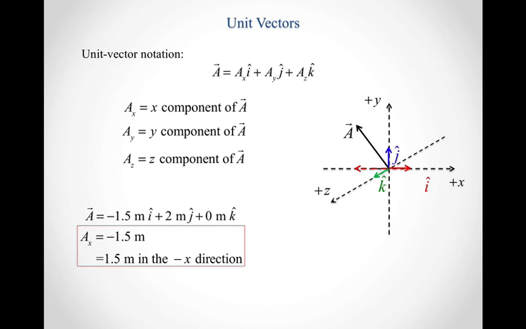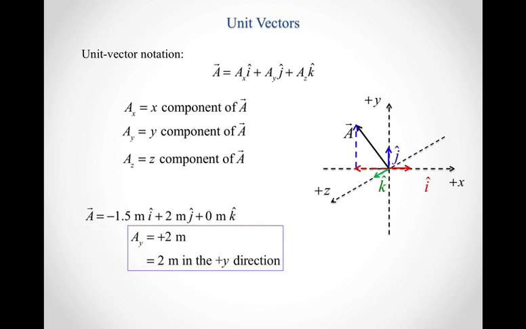So you can think of it as how far it points in the x direction is given by this number, and the plus or minus sign basically pairs with the unit vector to tell you in which direction. So my x component of negative 1.5 meters means that vector A points 1.5 meters in the negative x direction.